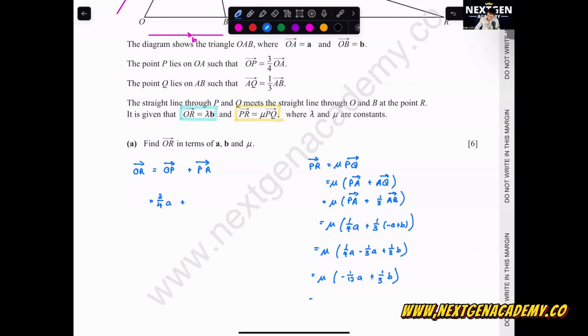Actually, we should open it up here: negative 1 over 12 mu A plus 1 over 3 mu B. We factorize it: 3 over 4 minus 1 over 12 mu, A, plus 1 over 3 mu B. Normally you need to group up the A and the B because later on we'll need to compare with another vector of OR.